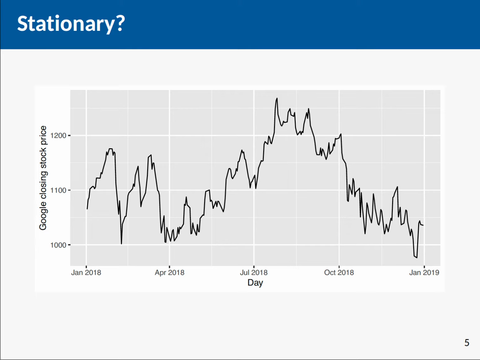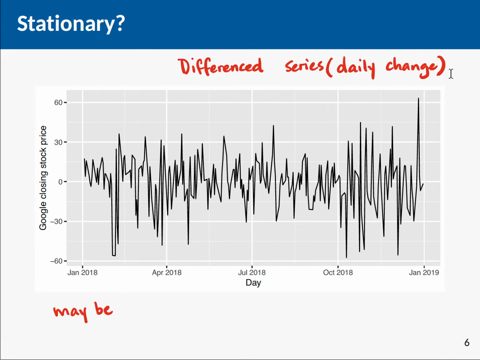If we notice this, this does not look stationary, because we can take a look at, let's say, the first half of 2018, and that looks very different than the last half of 2018, and even mid 2018 is very different, where the stock price is climbing up. So it definitely is showing a trend here, with slight ups and downs. But this definitely does not look like a stationary time series.